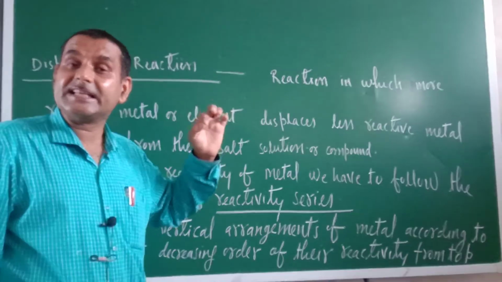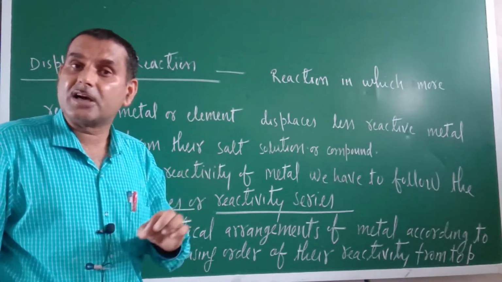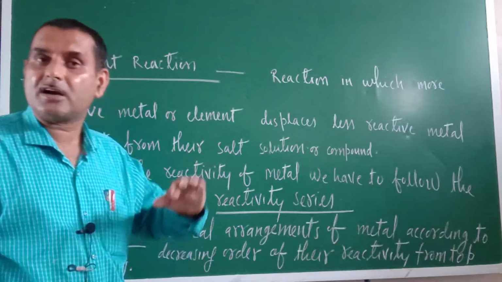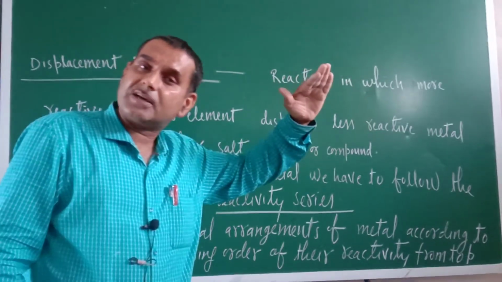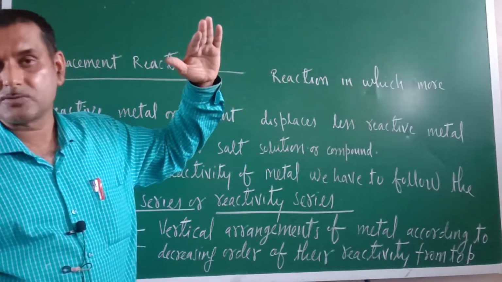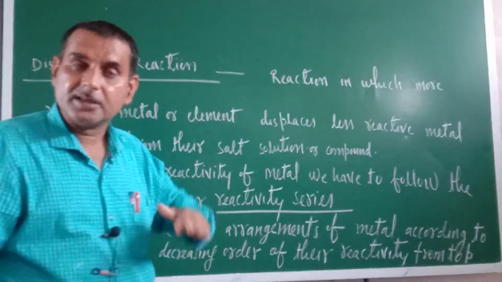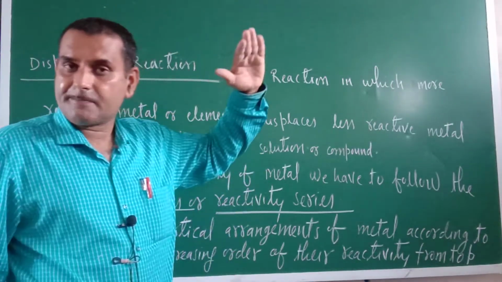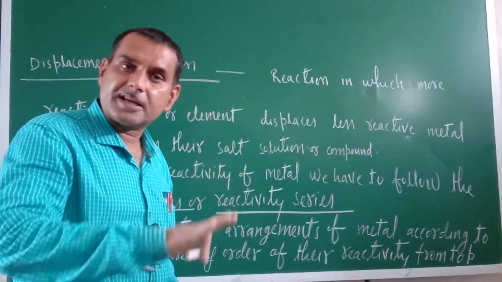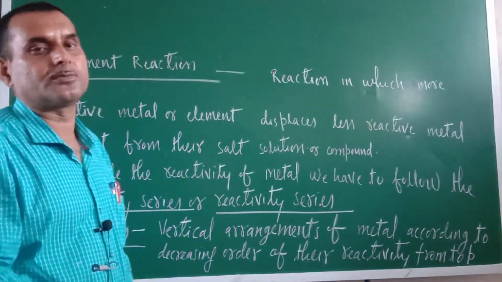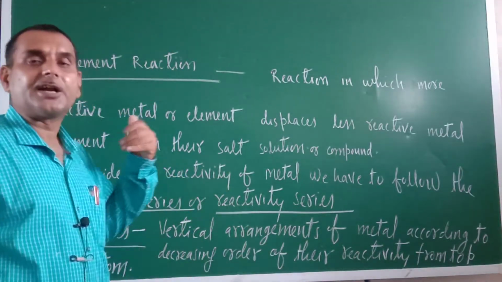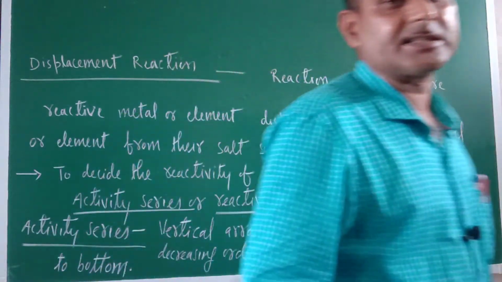Decreasing order means the topmost is first and the lowermost is at the end. So the more reactive metals are placed above and less reactive metals are placed downside. That is called reactivity series.